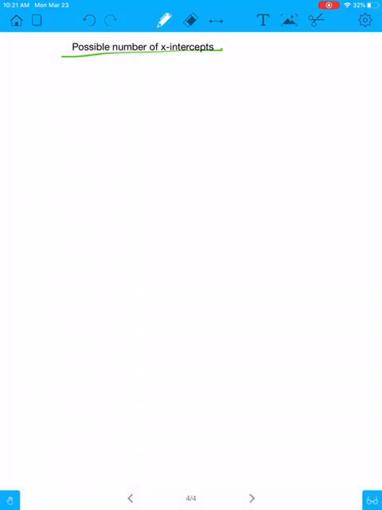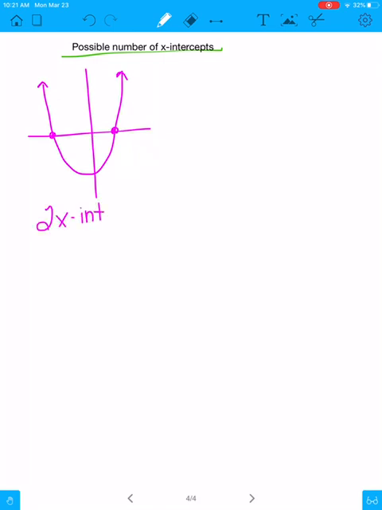So, with quadratics, we can have two x-intercepts where it passes nicely through. Okay, we can have one x-intercept where it goes up to the x-axis, touches it, and comes back down. That looks like 2, but it's 1, pretend. So it's called a point of tangency, which means the vertex is on the x-axis. So that would be one x-intercept.